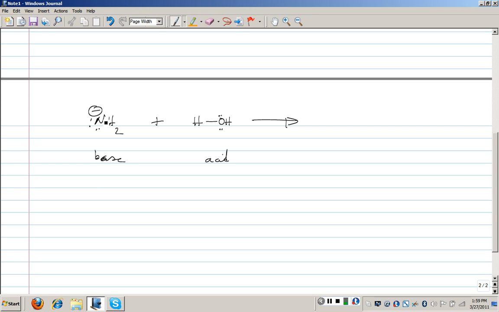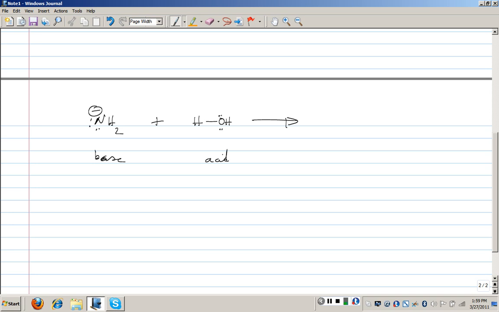NH2 minus is negative. Its ability to give up a positively charged species is going to be severely compromised because the positively charged species would be leaving an entity that is negative. And if it would depart, it would leave a species that is 2 minus. So the ability to pull away H+ from something negative, that's going to be extremely hard to do.